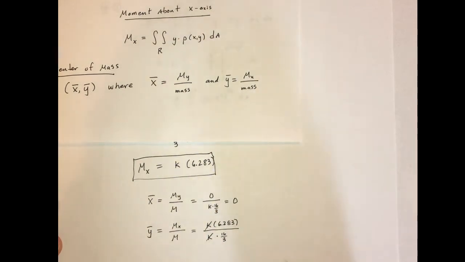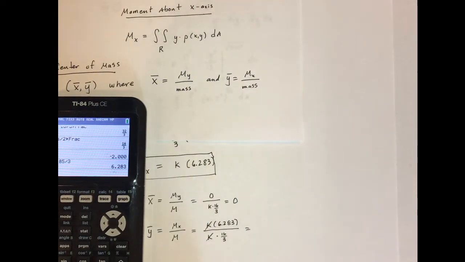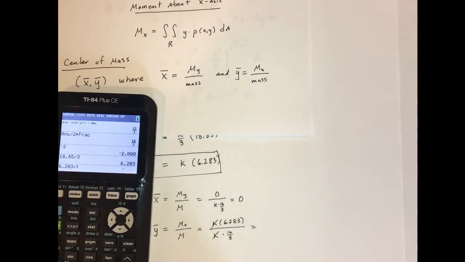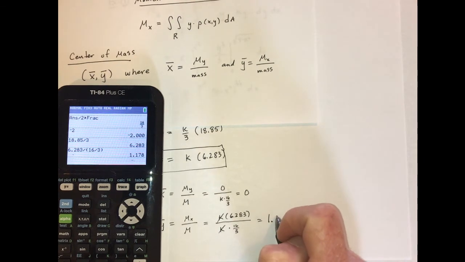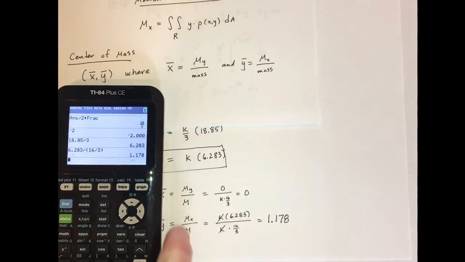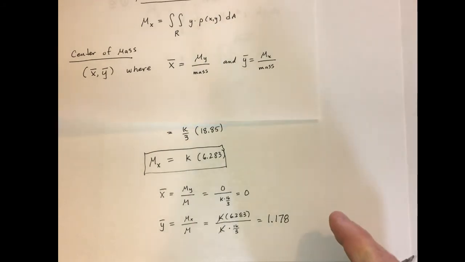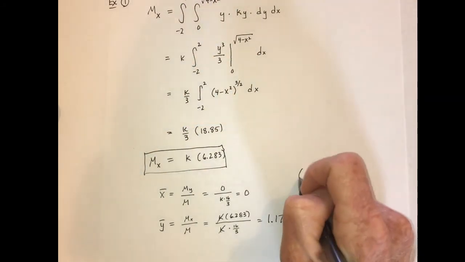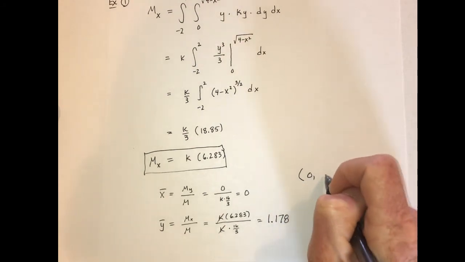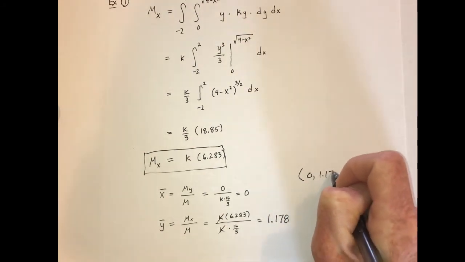And then the k's will cancel. And 6.283 gets divided by 16 thirds. It's 1.178. So finally, my answer on this one is x is 0 and y is 1.178.